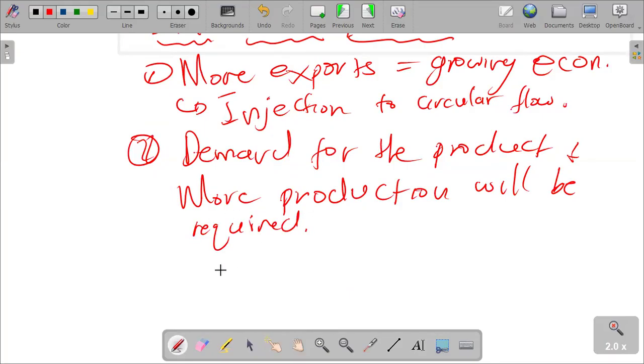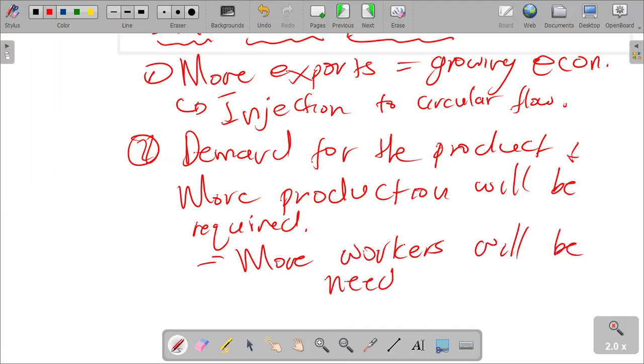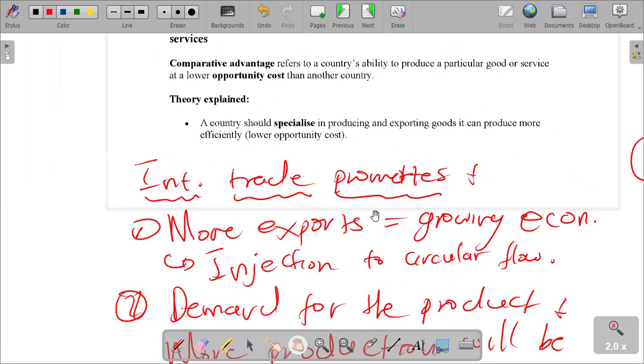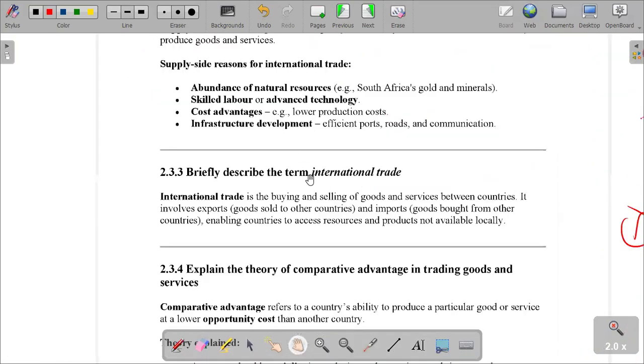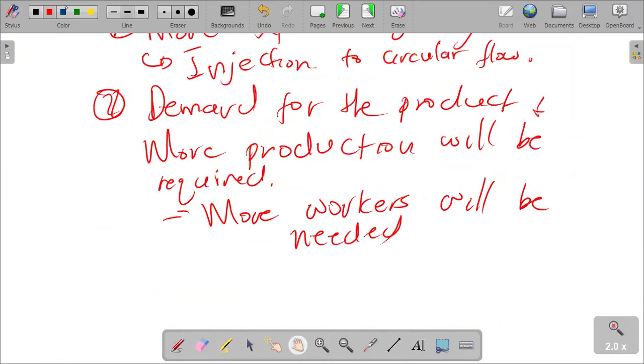And if more production is required, it means that more workers will be needed. Hence, what? Hence, job creation. Employment will then increase.